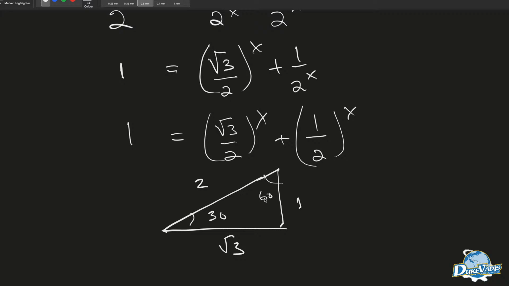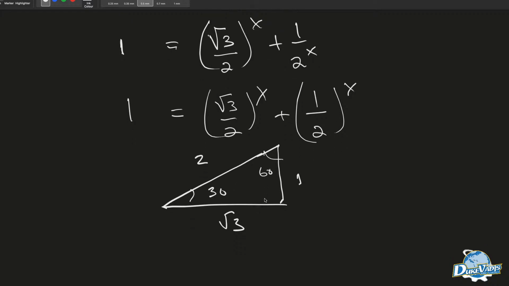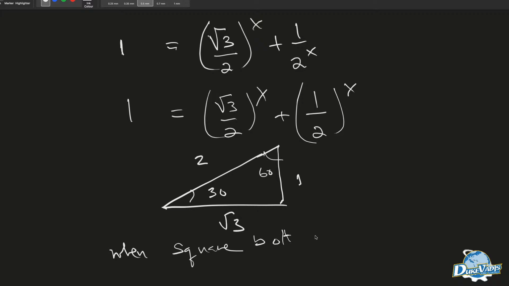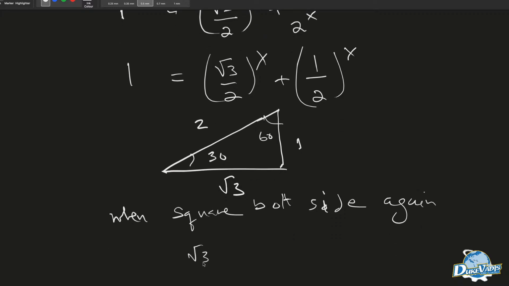Okay, but let's see how best we can do this. Now let us arbitrarily square both sides of the equation and see. So when we square, we are going to take (root 3 over 2) squared plus half squared.